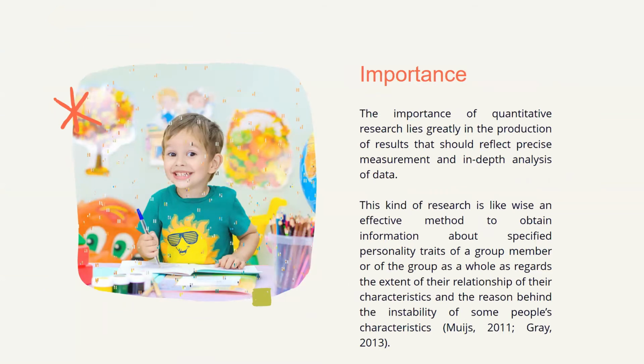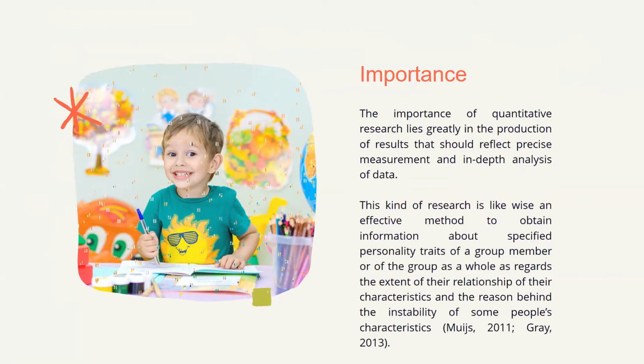This kind of research is likewise an effective method to obtain information about specified personality traits of a group member or of the group as a whole as regards the extent of the relationship of their characteristics and the reason behind the instability of some people's characteristics. So here are some importance of quantitative research that makes it more common in conducting experimental and non-experimental research.